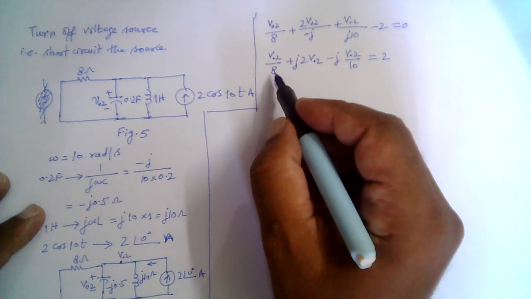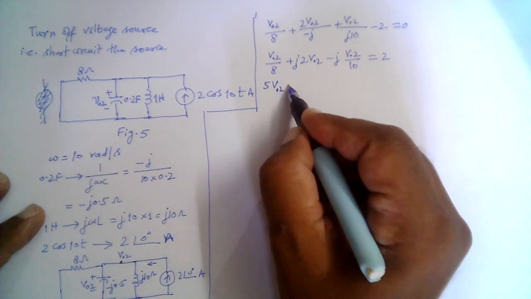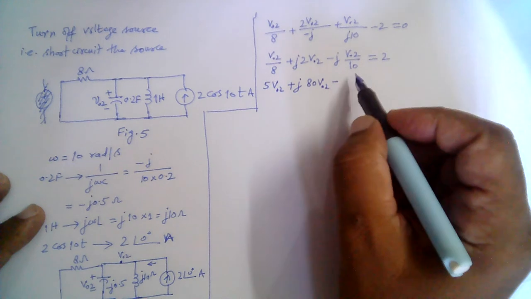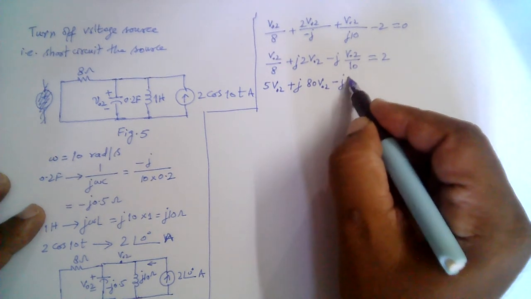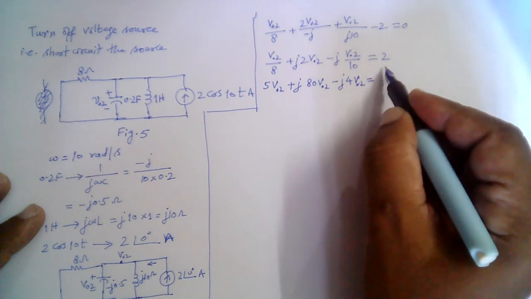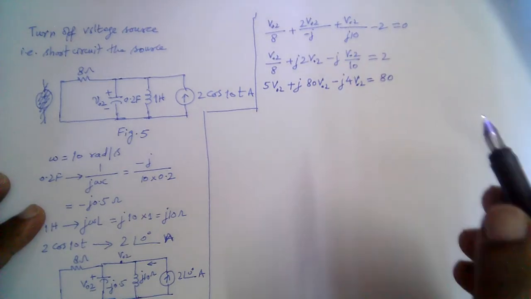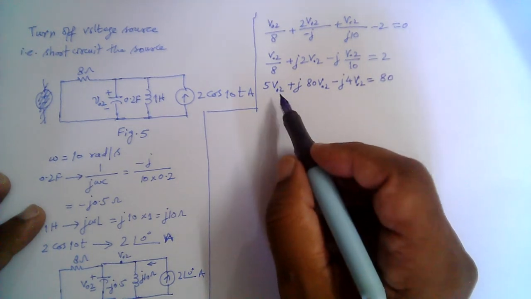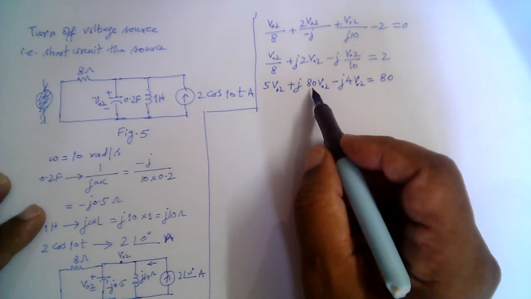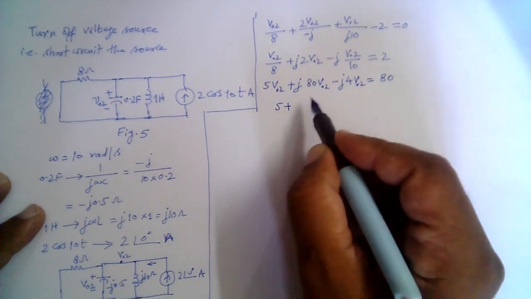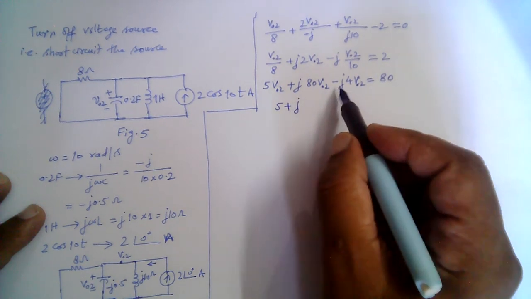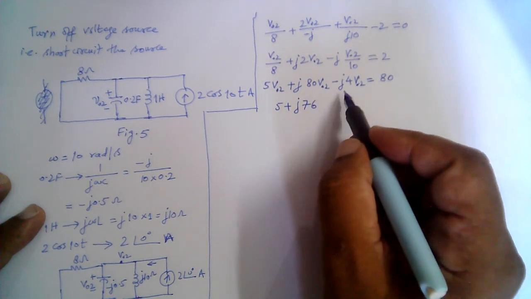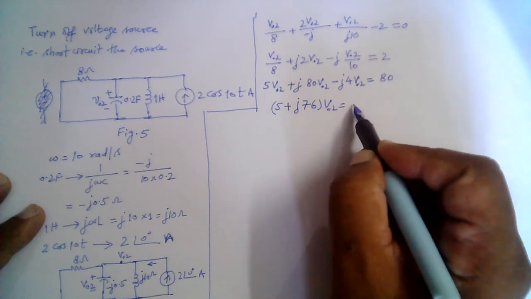So 5 V02 plus j 40 into 2, 80 V02, minus j4 V02 is equal to 40 into 2, which is 80. So this will leave us with (5 plus j 80 minus 4, that is 76) 5 plus j76 V02 is equal to 80.